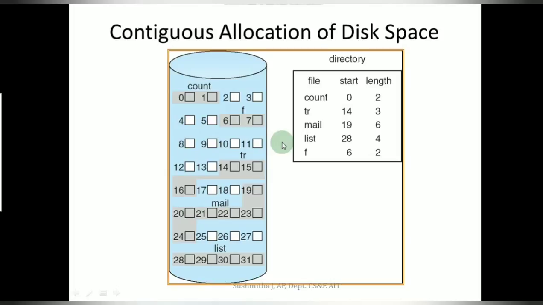In case of direct access, if it wants to access block i of the file that starts at block B, we can immediately access block B plus i. Thereby we can have sequential as well as direct access in case of contiguous allocation of disk space.